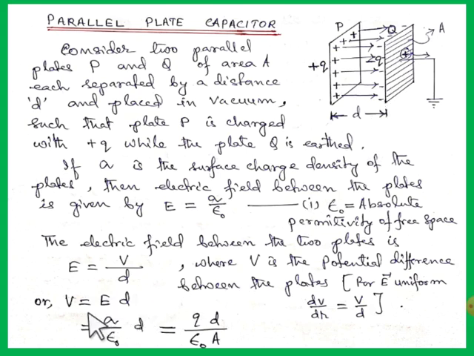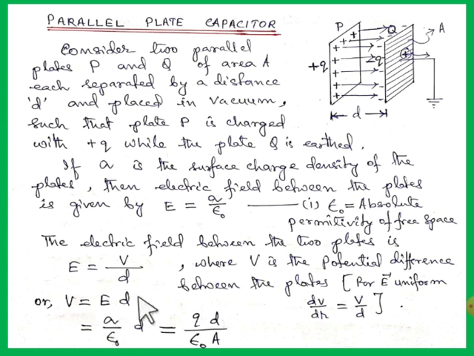So potential difference equals force into distance. As I told you, in electricity, if you hear the word potential, remember work done; if you hear electric field, remember force. So potential will be equal to force into distance.